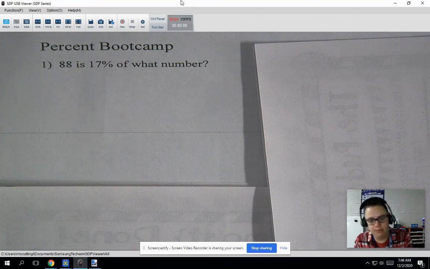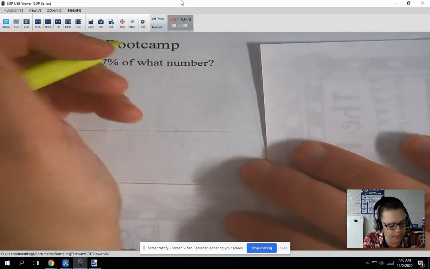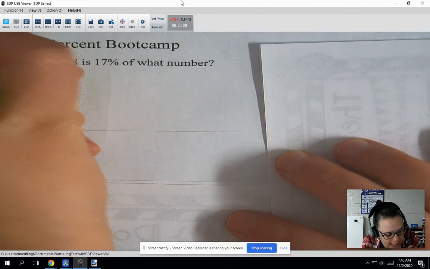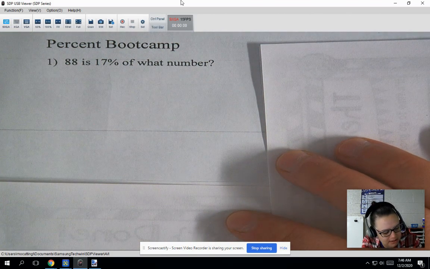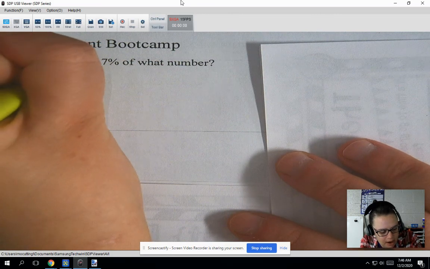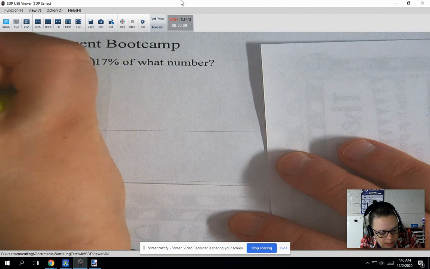Okay, so you're not copying that question down, but I'm going to outline it. So 88 is, I see is, and even though it's kind of in the wrong order, is goes with the 88. That's my part.